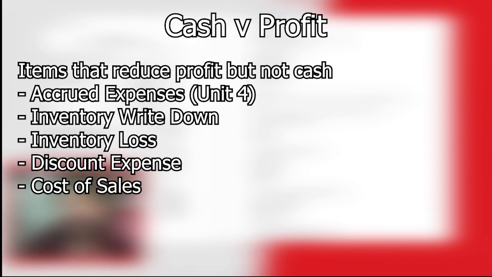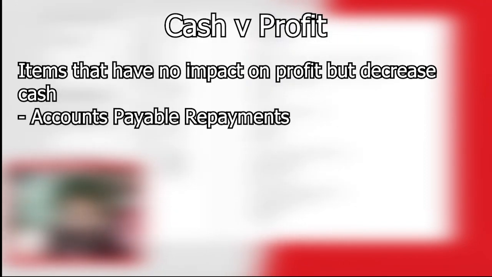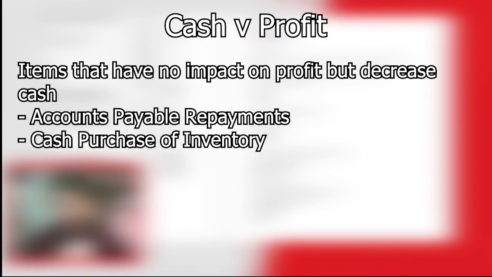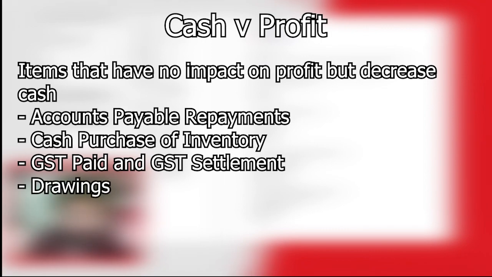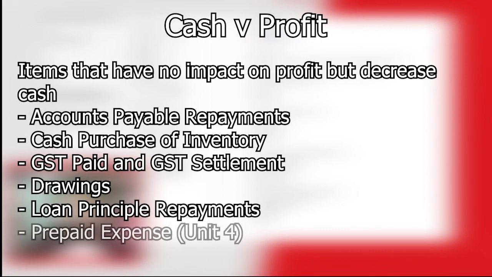Items that can lead to a cash reduction but aren't considered an expense would be repaying of accounts payable, your cash purchase of inventory, your GST payments or GST settlements, your drawings, loan principal repayments, and any prepaid expense. Because these items make our cash go down and have no impact on profit.